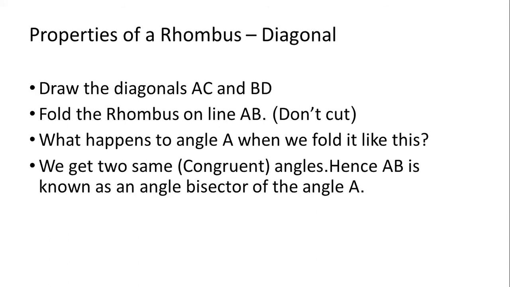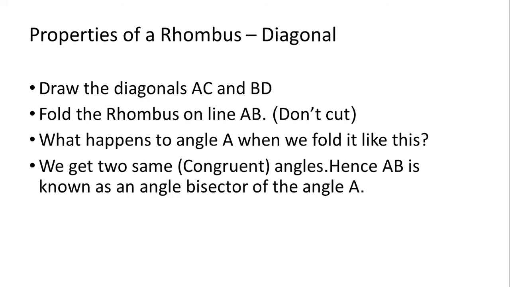The second line there is an error. It should read fold the rhombus on line BD, not AB. It should be BD. Or rather, instead of AB, we can have AC.